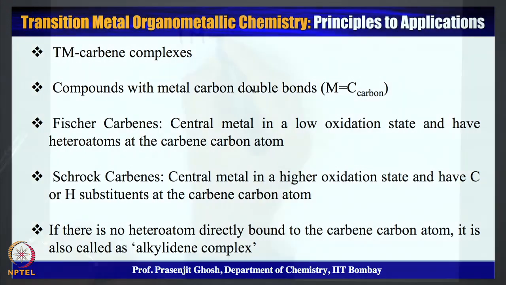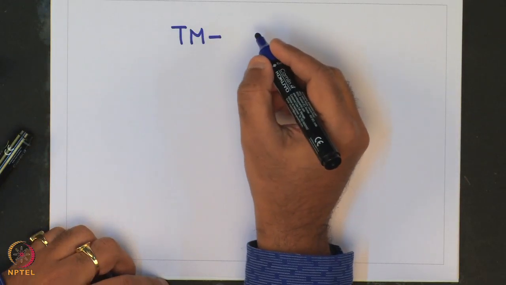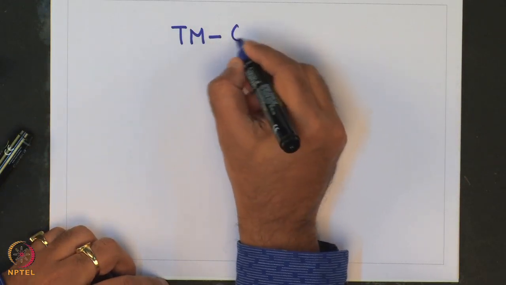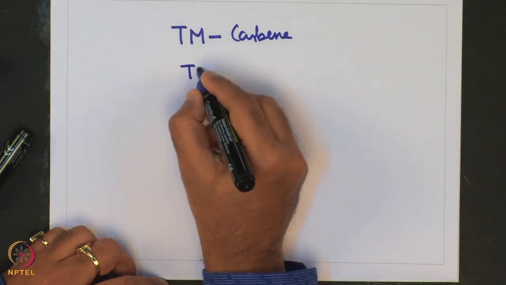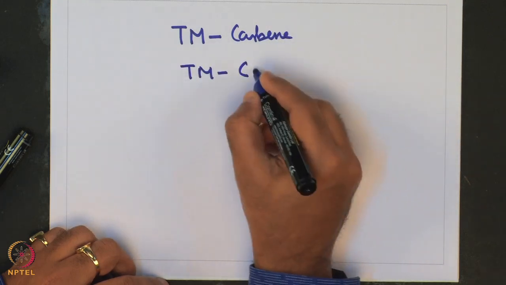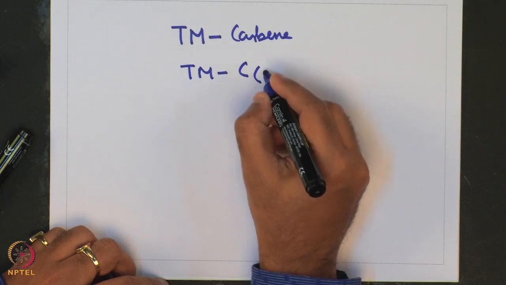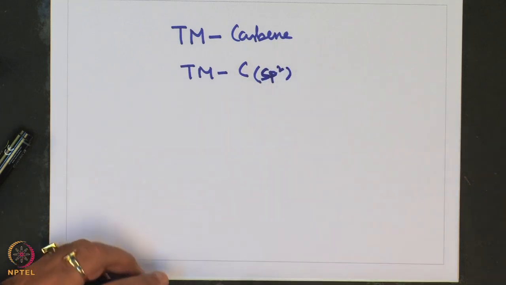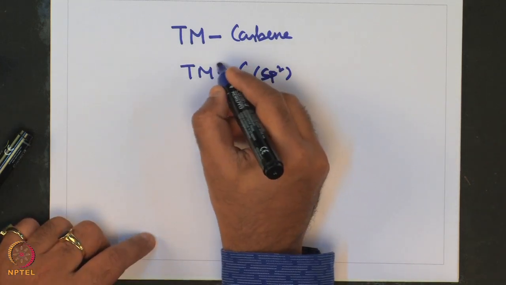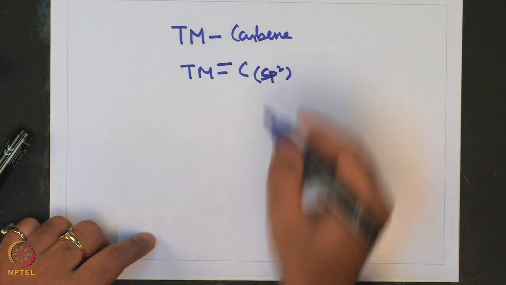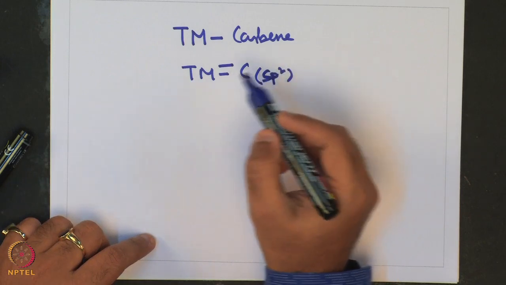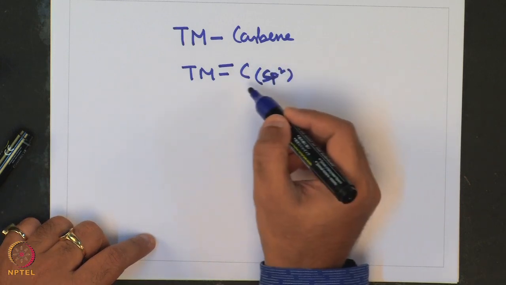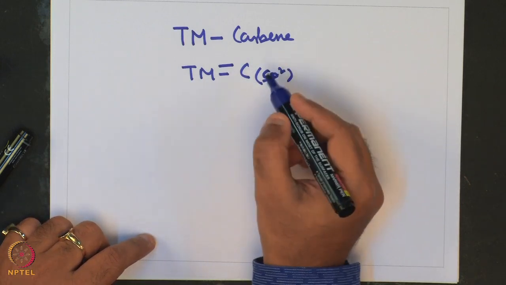Transition metal carbene complexes are of interest in the contemporary times, where transition metal is bound to a sp2 center and also is multiply bonded with the carbon. So, these contain two kinds of bonds that transition metal makes with the sp2 carbon.